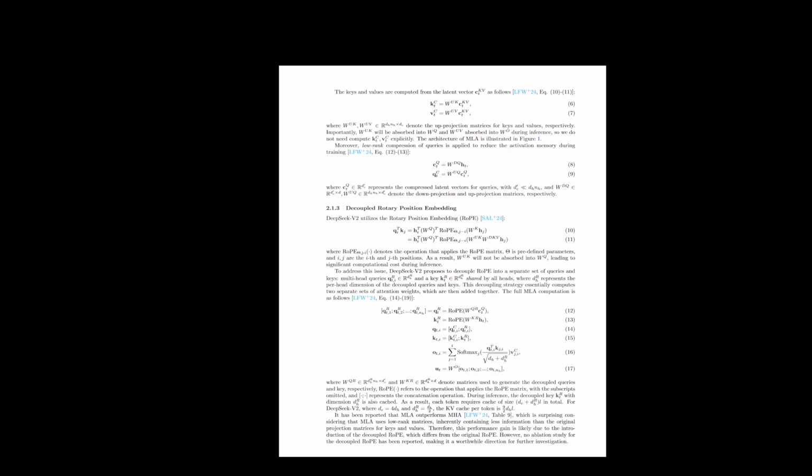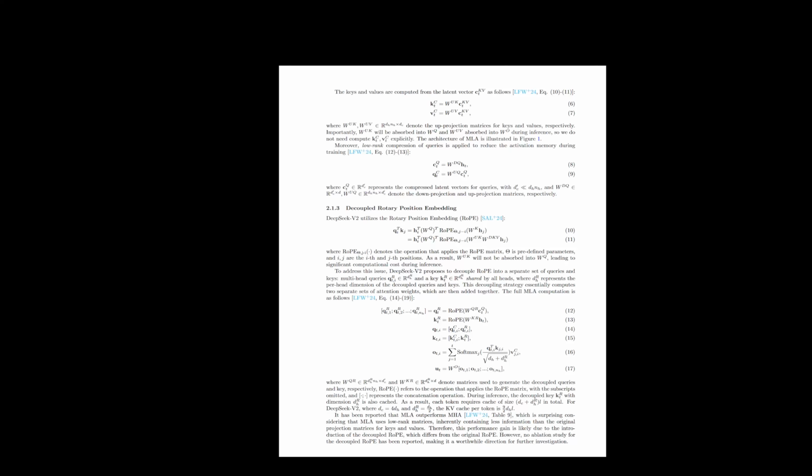During inference, the decoupled key k^R_t with dimension d_h^R is also cached. As a result, each token requires a cache of size (d_c + d_h^R)L in total. For DeepSeek-V2, where d_c = 4d_h and d_h^R = d_h/2, the KV cache per token is 4.5·d_h·L.